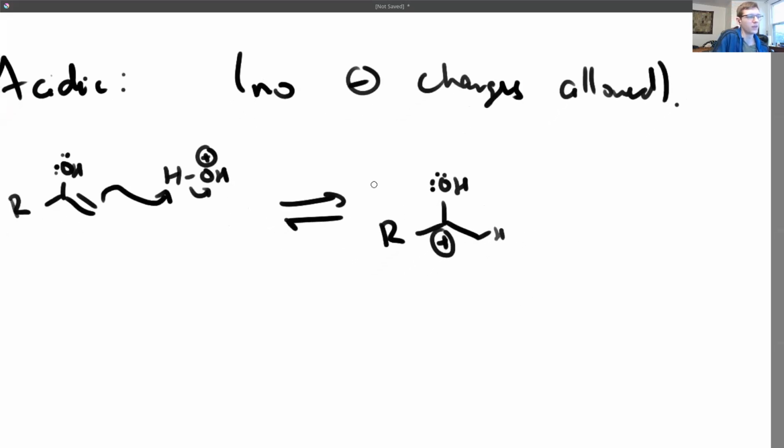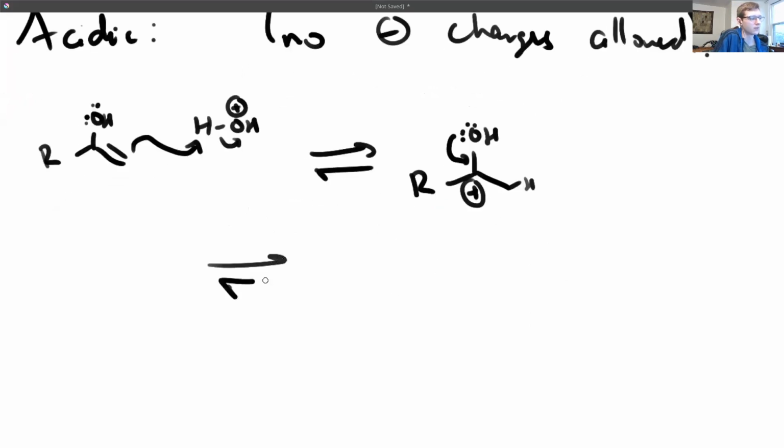So these electrons will come down. Now we've moved the plus charge up to here. This is way more stable, again, because it has an octet. Everything has the full octet.